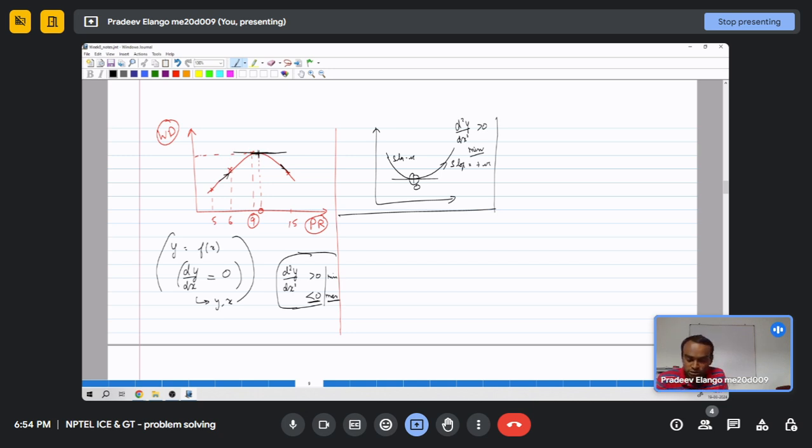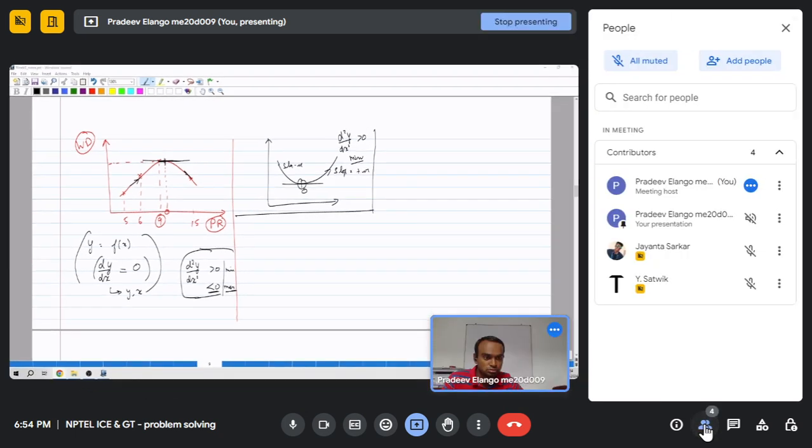Are you able to follow this? Yes, sir. Okay. Now we can make an expression for the work done as a function of pressure ratio and then try to solve this, and that will be much easier, and within 4 or 5 lines of derivation we'll be able to solve this. So the other person is also able to follow.